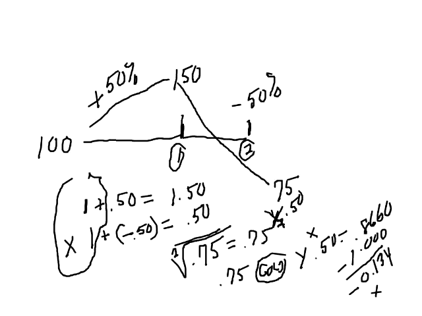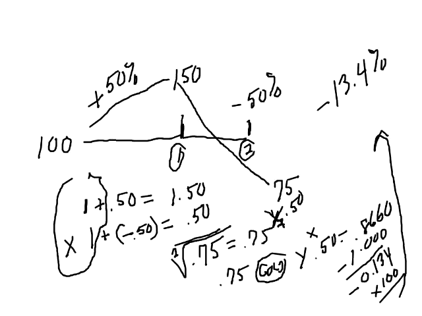If you multiply that times 100 to move the decimal point 2 places to the right, your answer is a negative 13.4% return on your money. Okay, that's how you do the nth root approach.